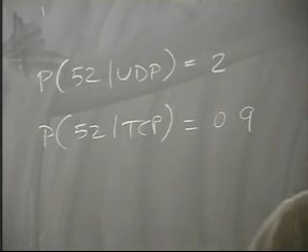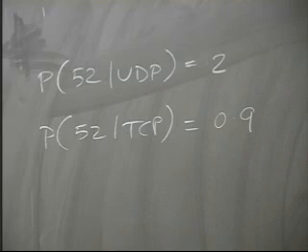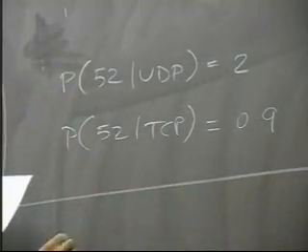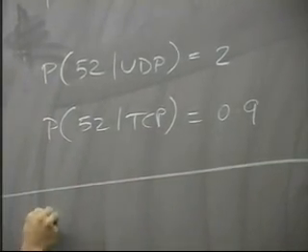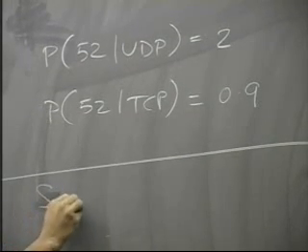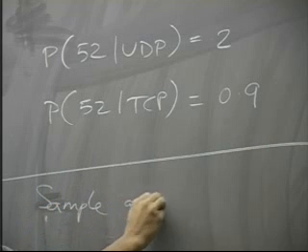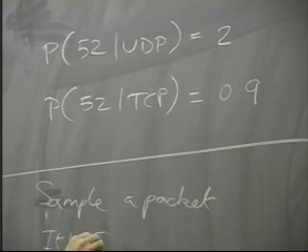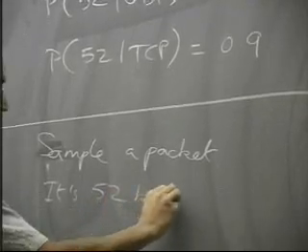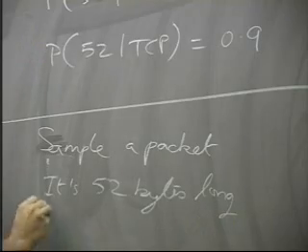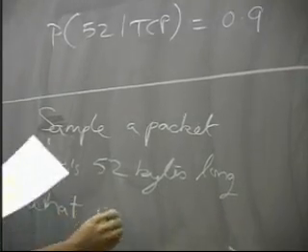So now what I'm going to do is ask you the question: if I sample a packet, and it's 52 bytes long, what is the probability it's UDP?